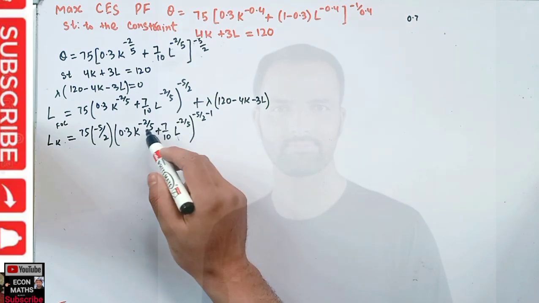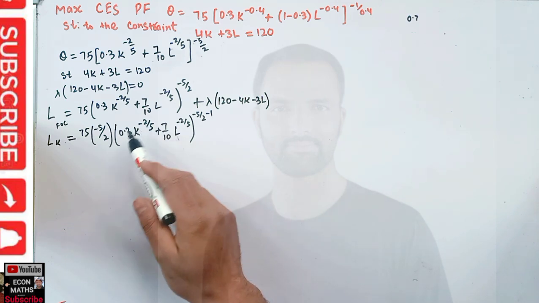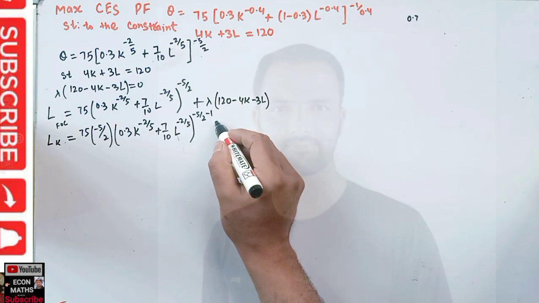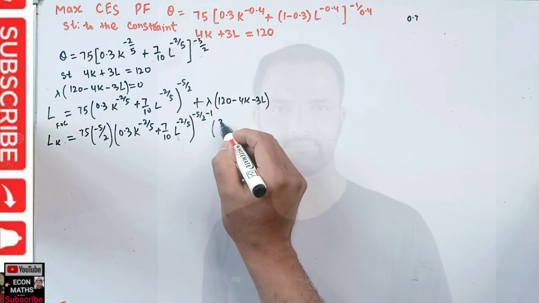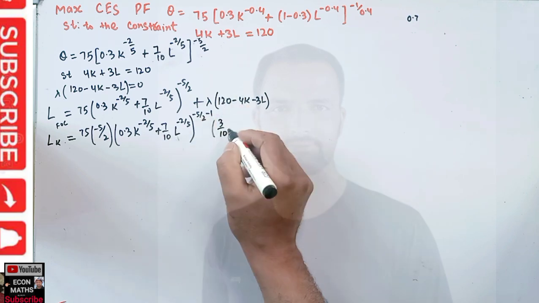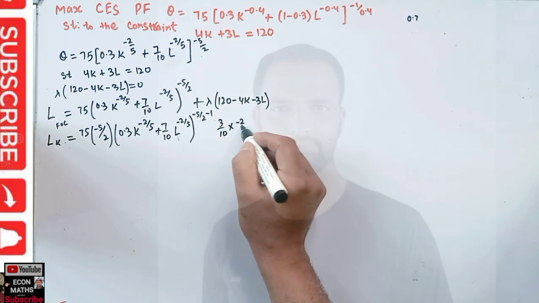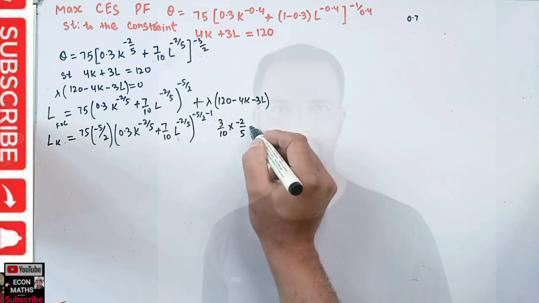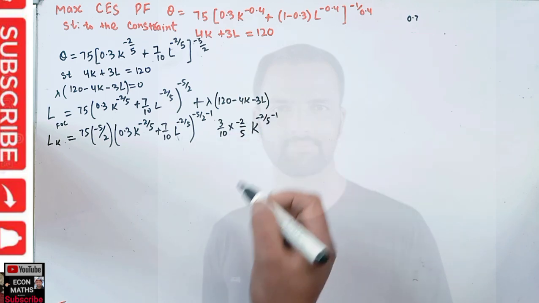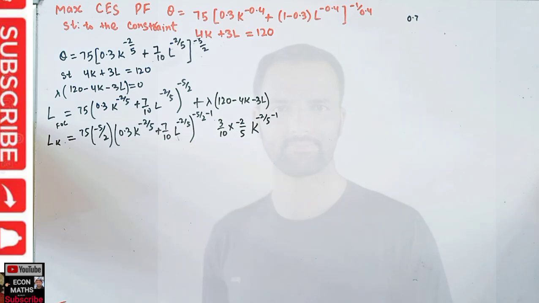Similarly, this exponent will become coefficient, so 3 upon 10, then we have this exponent, minus 2 upon 5, k to the power minus 2 upon 5 minus 1. I am just internally differentiating this very thing.